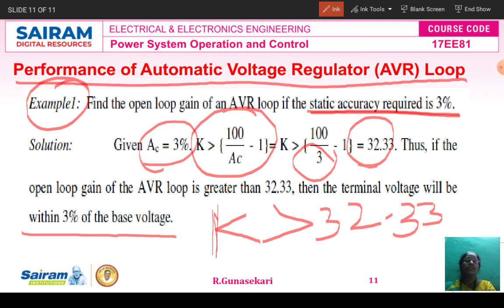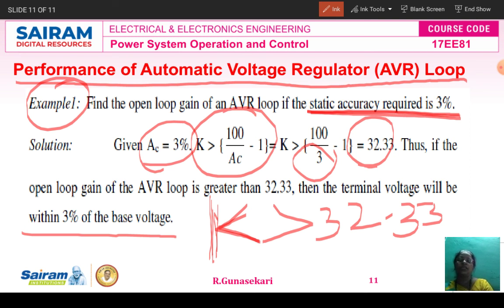Here the static accuracy AC is given. We know the final equation for the performance of the AVR loop. Substituting the value, finally we are getting K, that is the open loop gain of the AVR, greater than 32.33. Then the terminal voltage will be within 3% of the base voltage.